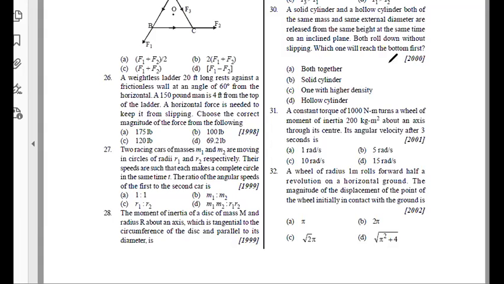We discussed it just now. 31 easy. 32, try solving 32, everyone.